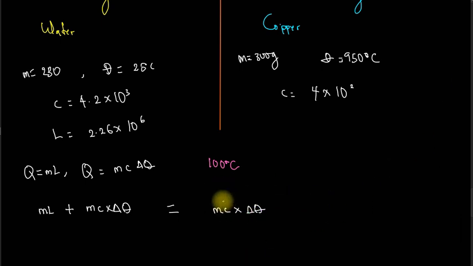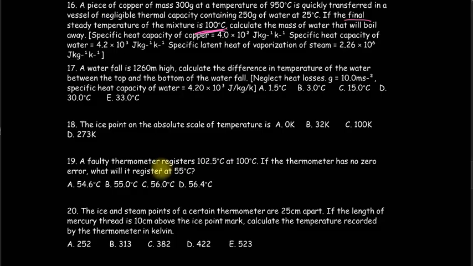That's the drill. So this is for copper, this is for water. Mass of water was what? 250 gram. What's the unit they give us again? So kg, I can see kg here. If everything was given in kg, I have to convert to kg.